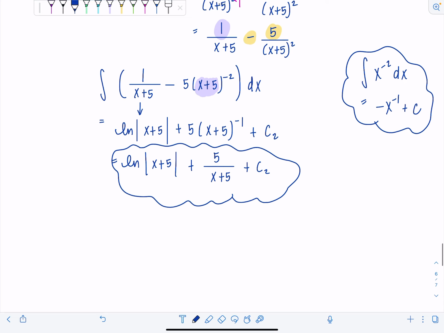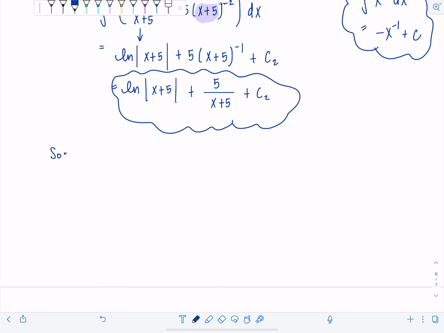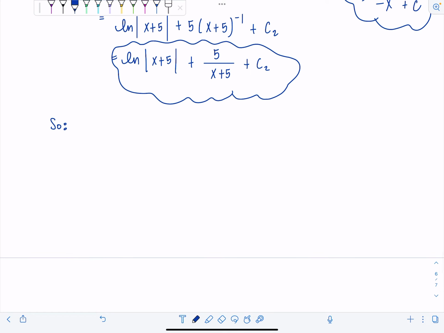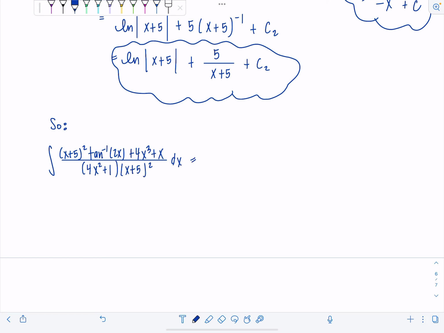Okay. So now let's put it all together. I feel like we forgot what the original integral was. Did you forget? Let's rewrite it just to be such thorough little mathematicians. Integral. What was it? It was scary. (x plus 5) squared tan inverse of 2x plus 4x cubed plus x over (4x squared plus 1) times (x plus 5) squared dx equals, you're going to have to go back through your notes, find that first integral.